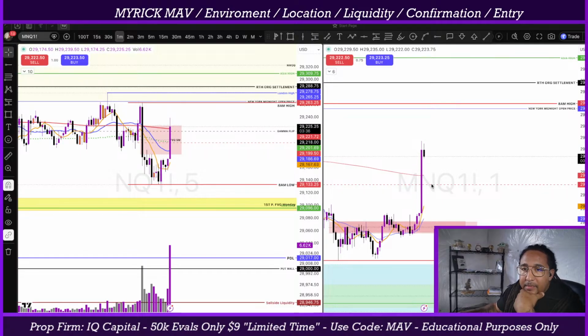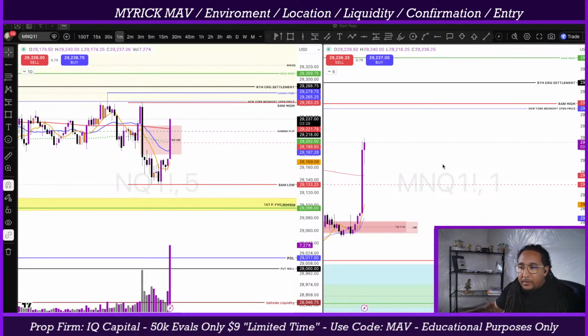So we're getting kind of some hesitation here, so it looks like it may want to continue to the upside and sweep those highs. We're getting a lot of hesitation there.